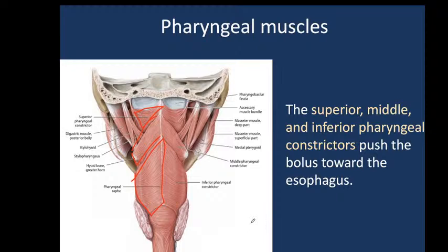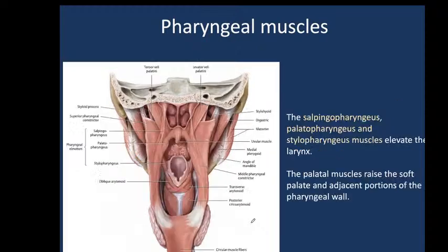So three constrictors narrow the pharynx, and a couple of levators of the pharynx. The most important is palatopharyngeal, second stylopharyngeal, and salpingopharyngeal.